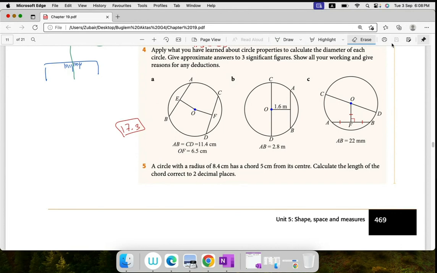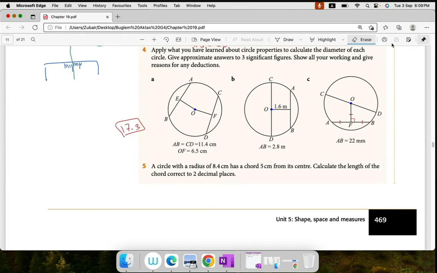Still doing? Yes. So I know that CD and AB are equal, and also EO and OF are equal.